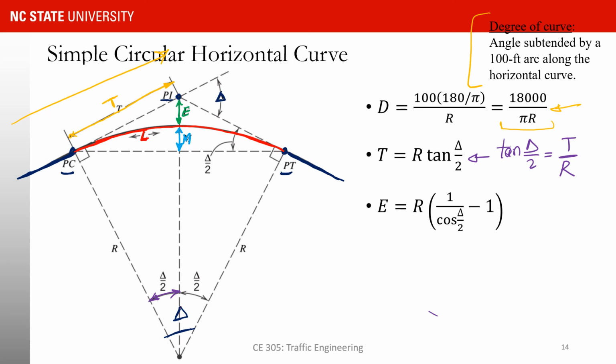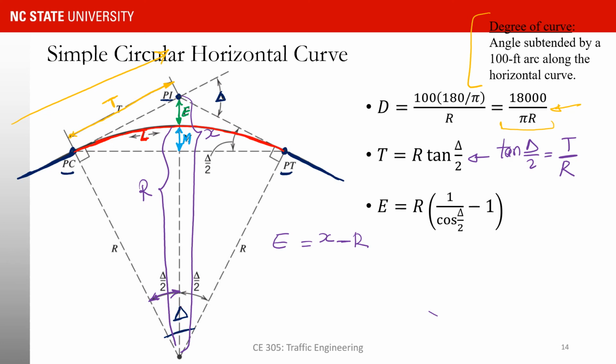So how do we determine E? E is equal to R into 1 over cosine of delta over 2 minus 1. So if you think about E, E is equal to this length that I want to call X, minus this length, and this length is R, right?